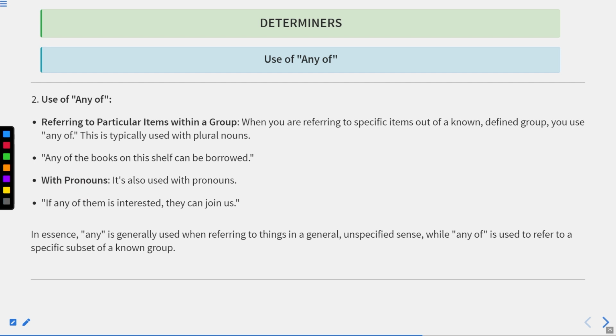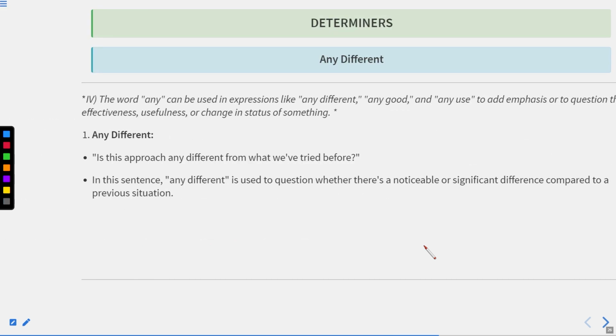With pronouns, it is also used with pronouns. If any one of them is interested, they can join us. In essence, any is generally used when referring to things in a general, unspecified sense, while any of is used to refer to a specific subset of a known group. Now let us move to the next one.